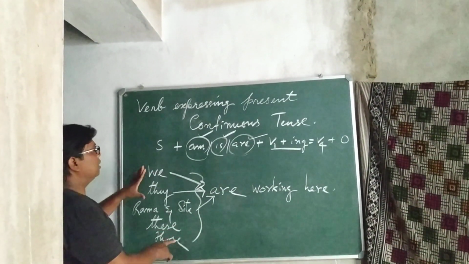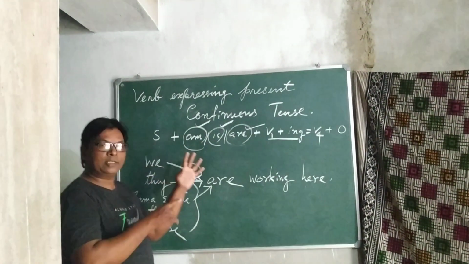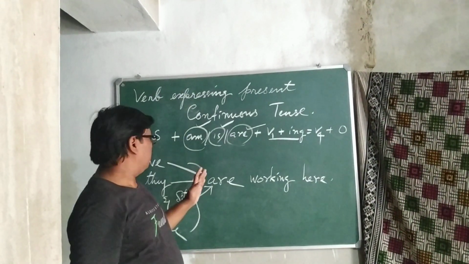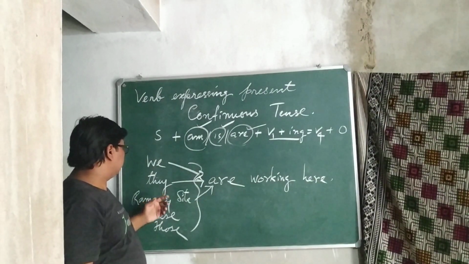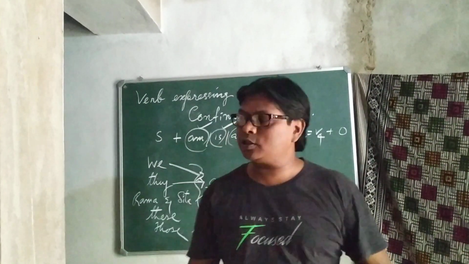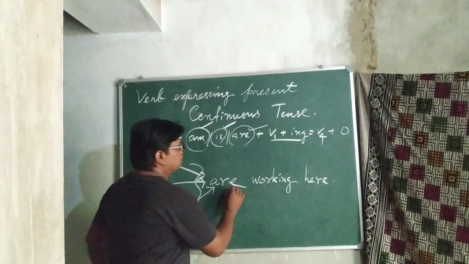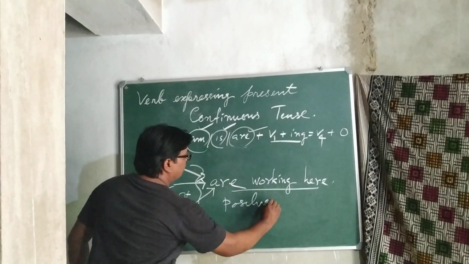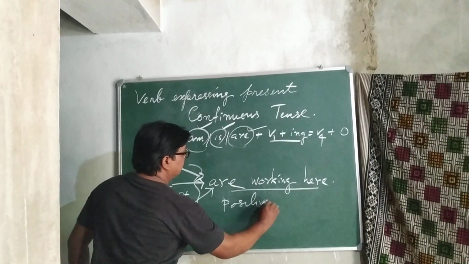So these are the uses of am, is, are: first person singular I; he, she, it; and we, they, Rama and Sita, these, those. These subjects are used, and these sentences are called positive sentences.